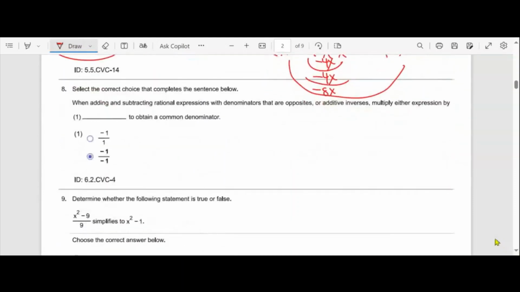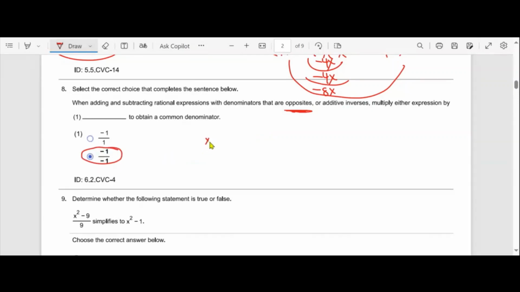Next one. Number 8. When adding and subtracting rational expressions with denominators that are opposite or additive inverses, multiply either expression by -1 over -1. So what should you do? The answer is -1 over -1, because when you apply it to the bottom, you apply it to the top too.